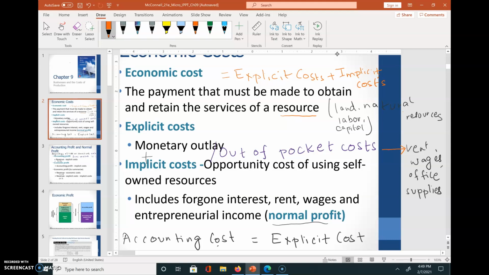So when we calculate economic cost and accounting cost, which we are going to do after the next two slides, we would see the value of accounting cost is always less than the value of economic cost, because accounting does not really include these implicit costs.